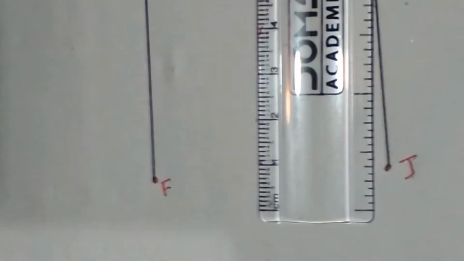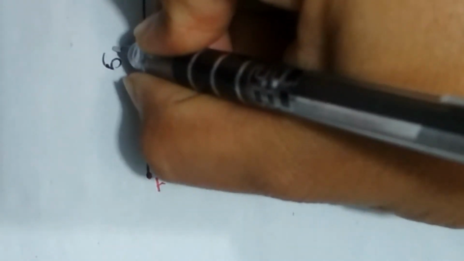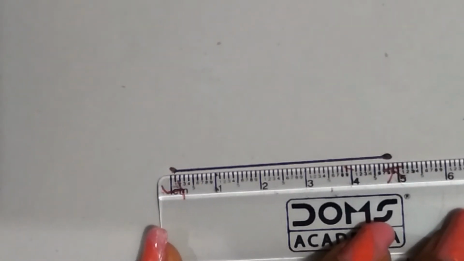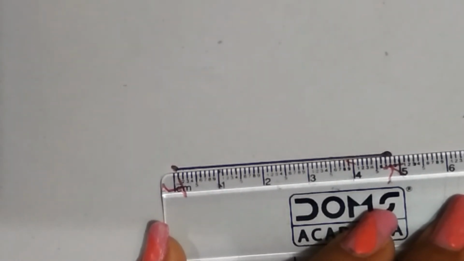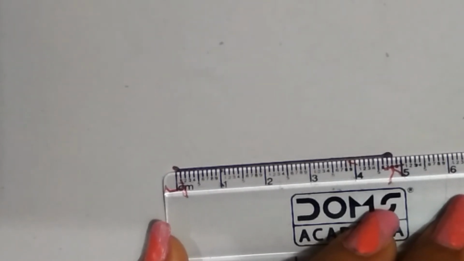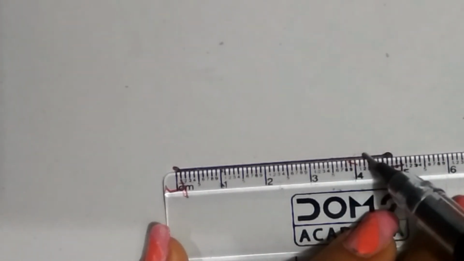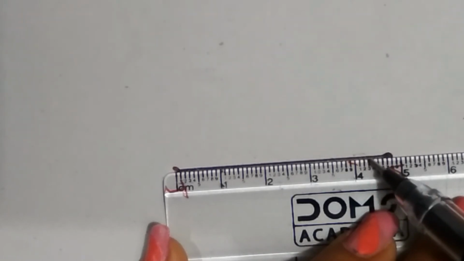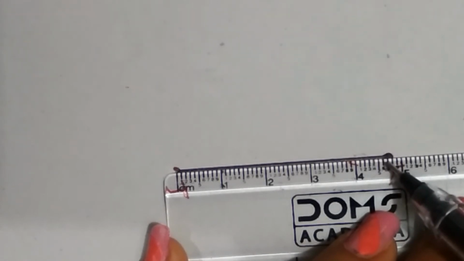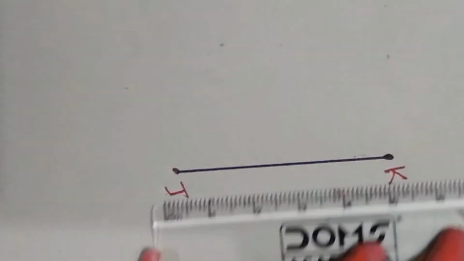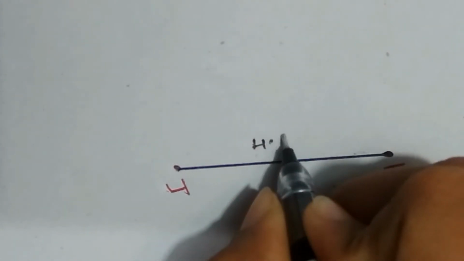Okay, now this EF line segment is 5.9 centimeter. Now next line segment we will measure. 1 point we will keep on 0 and then the other point where it ends we have to measure. Now here it is after 4, you can see 4.1, 4.2, 4.3, 4.4, 4.5, 4.6, 4.7, 4.8. It is 4.8 centimeter.